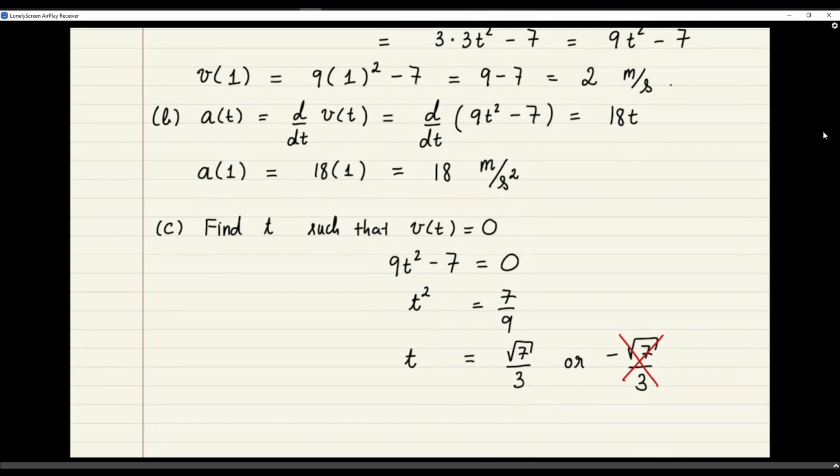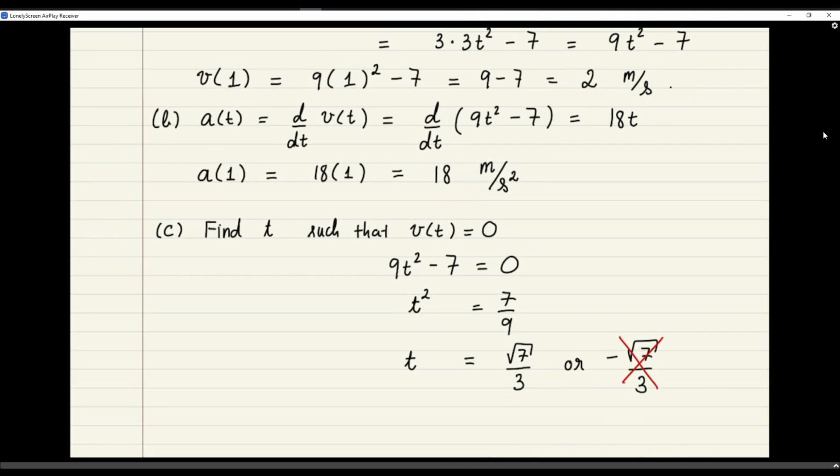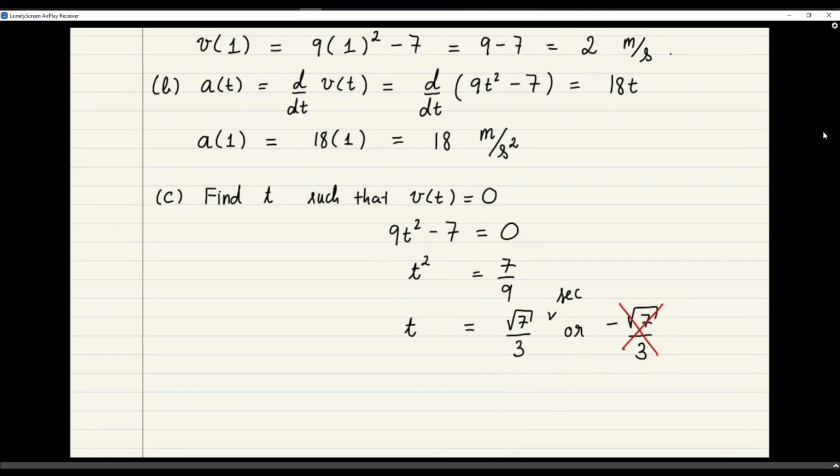So at the time t equals square root of 7 over 3 seconds, so the unit here is second, the velocity is equal to 0. So now we're going to plug this time of square root of 7 over 3 into the acceleration function, which we already figured out is 18 times t.